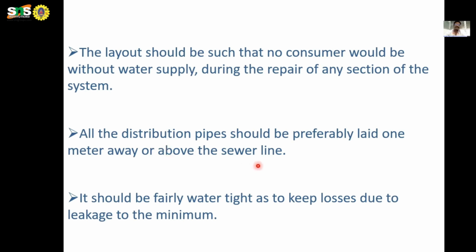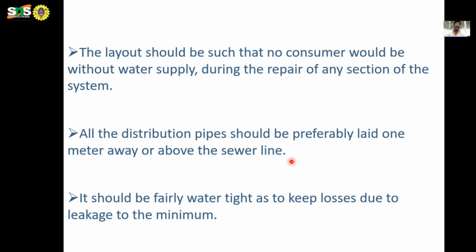All the distribution pipes should preferably be laid 1 meter away from, or above, the sewer line. Normally our distribution system will be designed along the side of the road network. On one side we have the sewer line, and on the other side we have our water distribution system or water pipes.